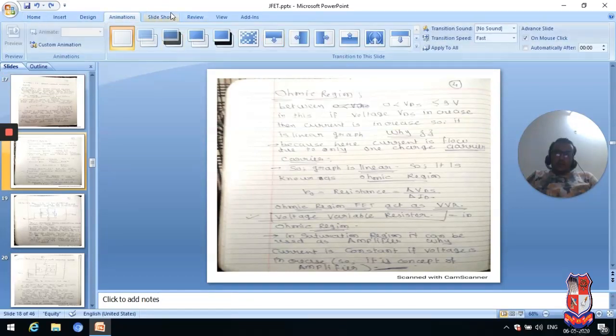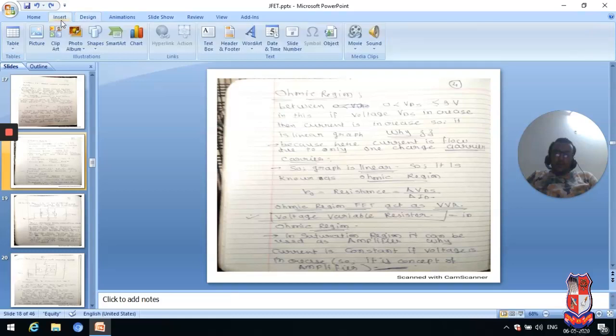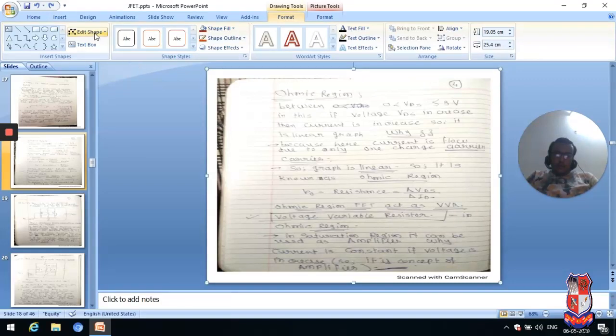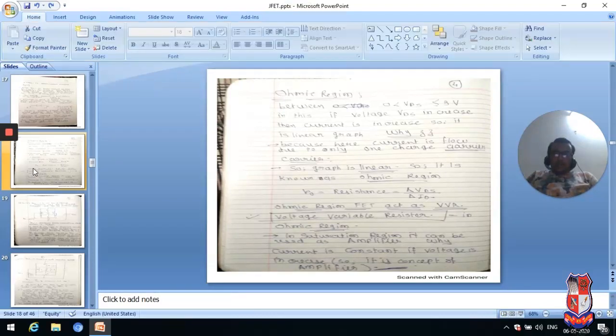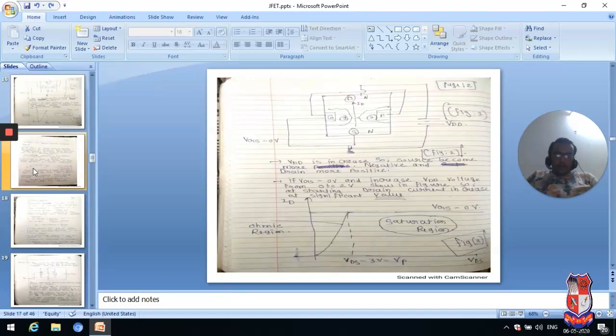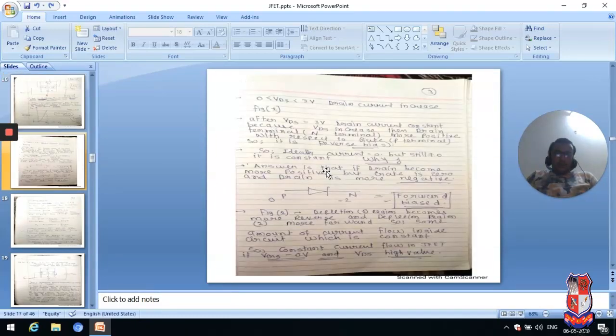I have introduced the text box. So you have to analyze the point. So try to understand this. This is known as the drain is more negative. Sorry, the source is more negative.